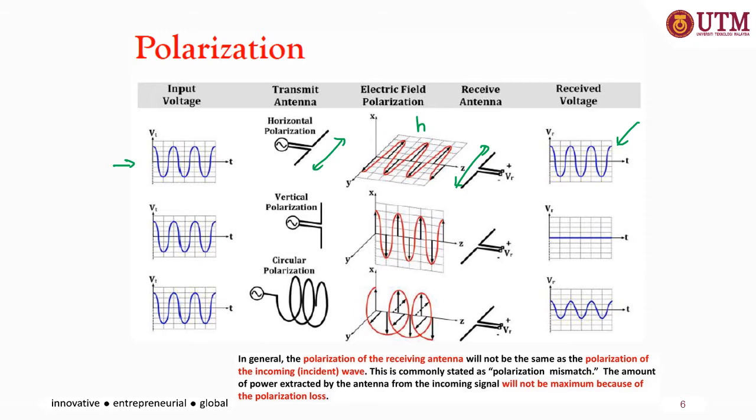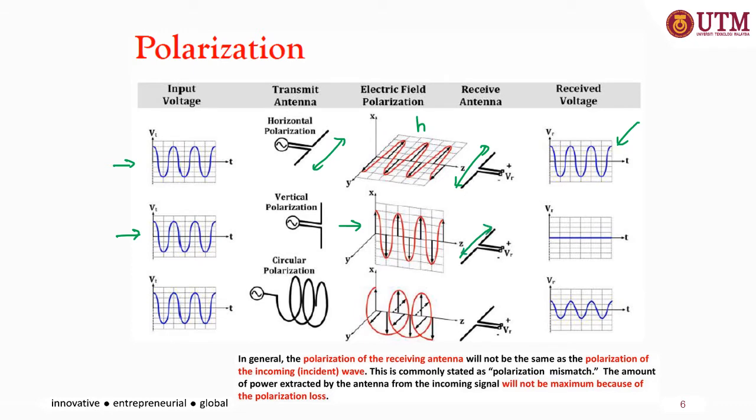Okay, if you look at the second signal, the same input signal, the antenna is oriented vertically, or in vertical polarization, so the signal is transmitted vertically. However, at the receiver, the antenna is oriented horizontally, so having horizontal polarization.